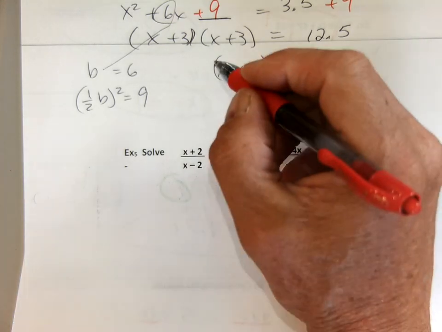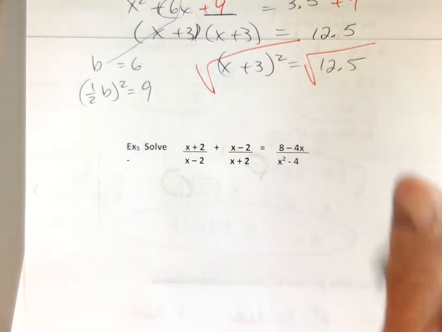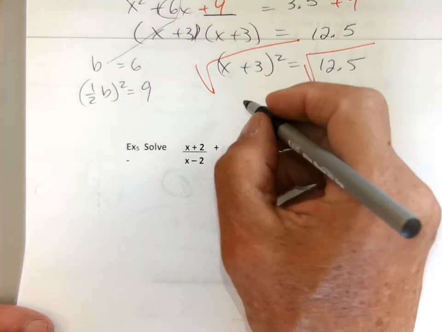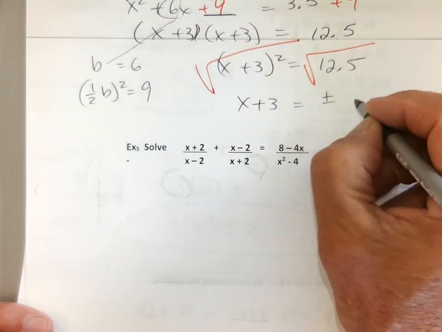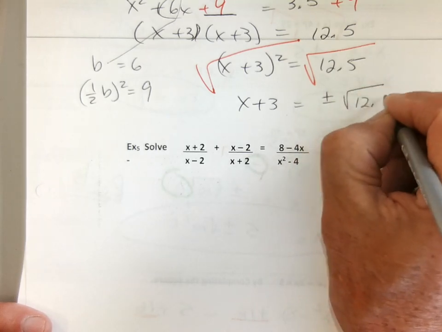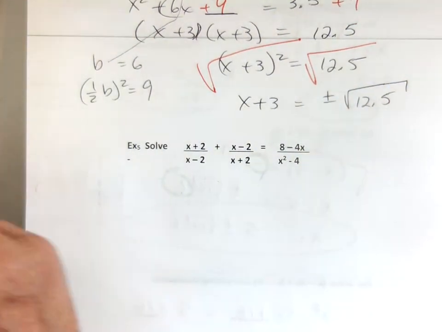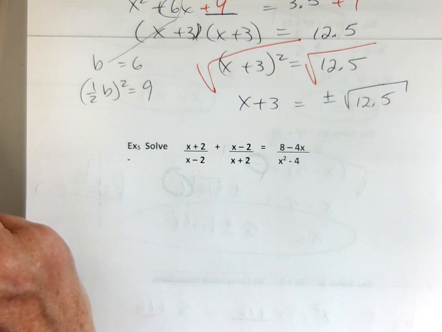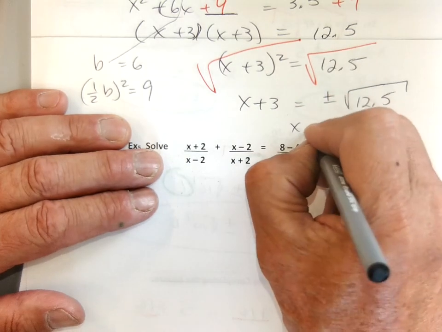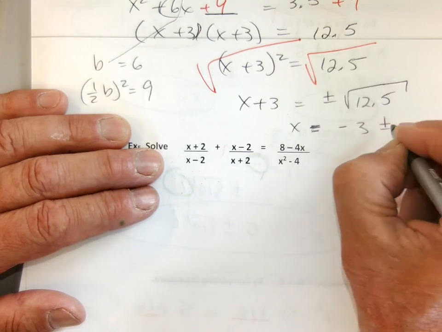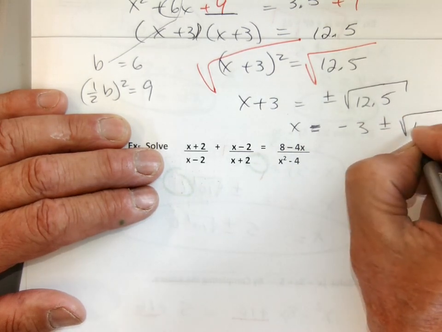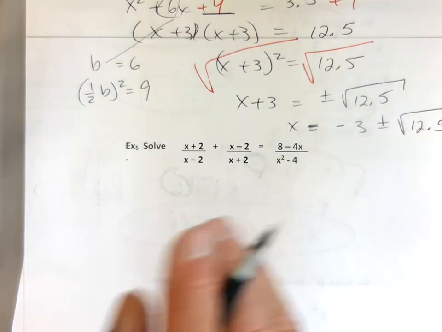Square root. How many answers, Greer? 2 answers. Plus or minus square root of 12.5, which we'll just leave as that. Minus 3, negative 3. Plus or minus. Okay, how's that?